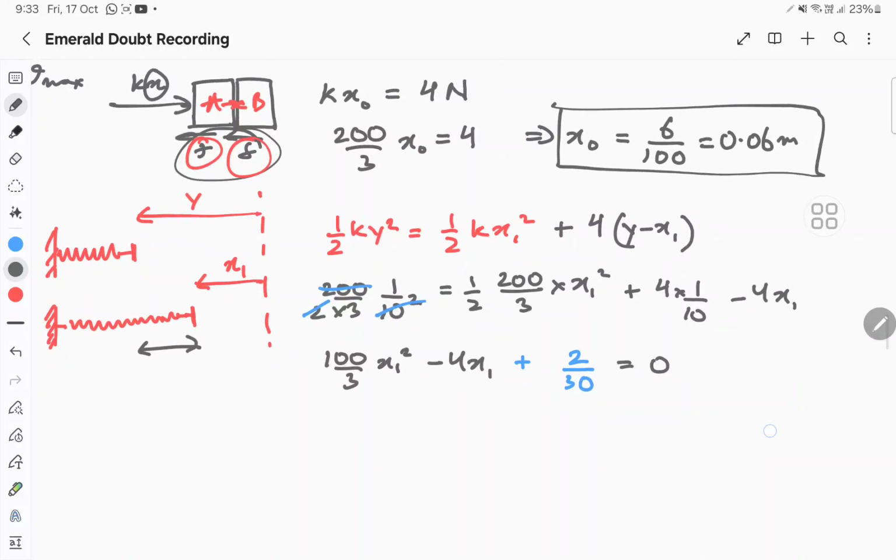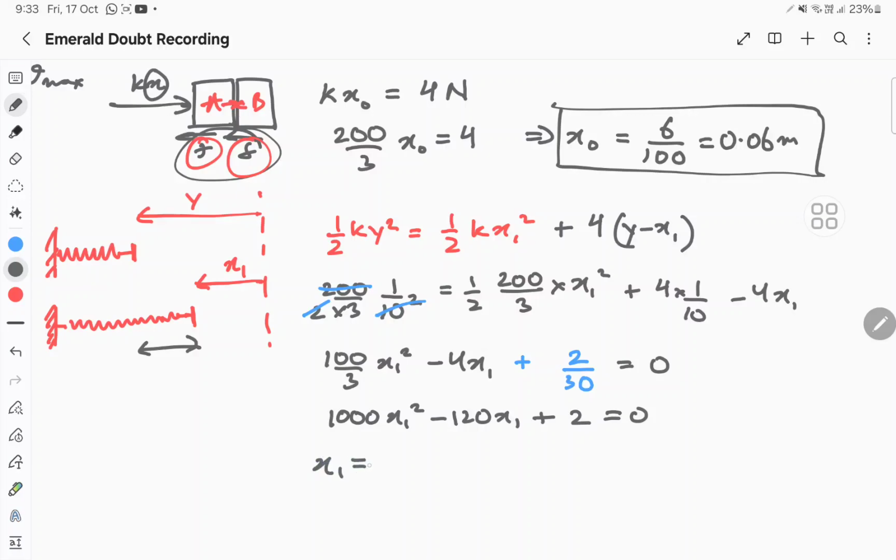Is equal to 0. We may multiply 30 all over, and we have 1000 x1 square minus 120 x1 plus 2 equal to 0.